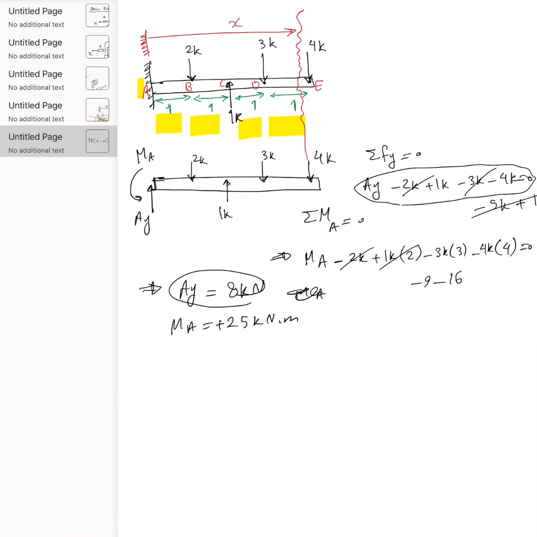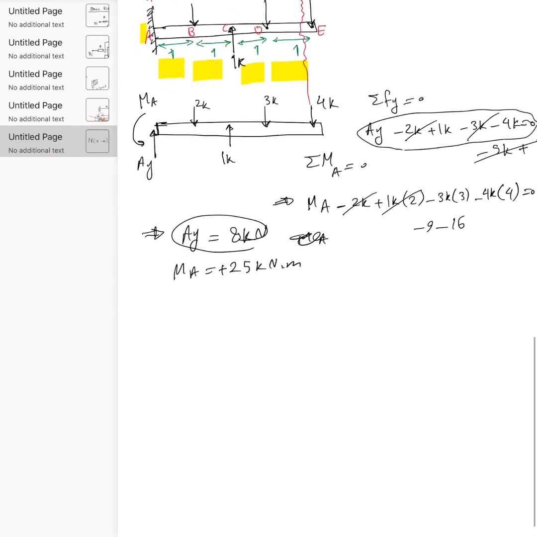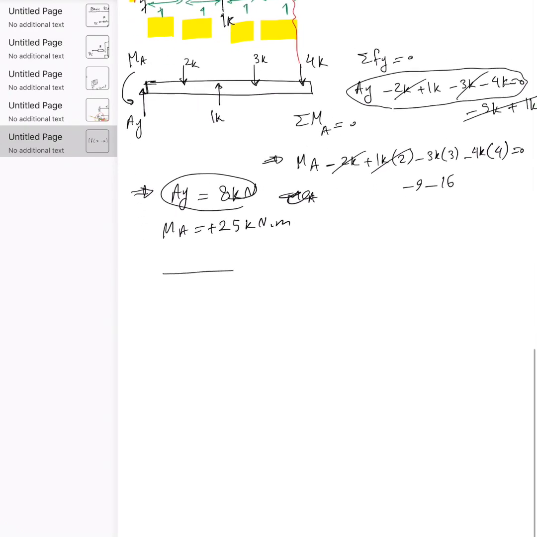So if I want to simply write the numbers here, again, I have this beam. There is a wall reaction, AY, which is simply 8K, and MA. Now let's just factor out this K so we know we're talking about 1,000.